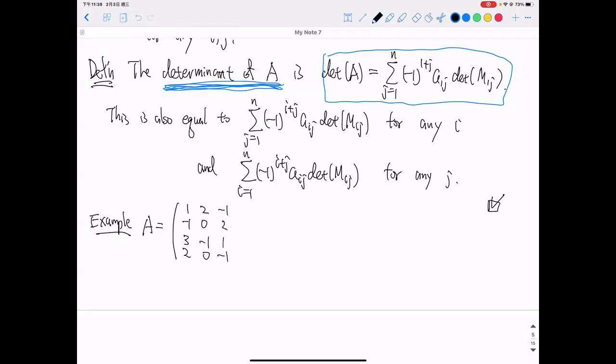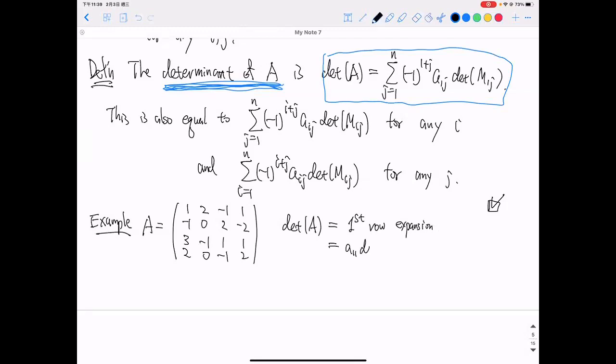Minus 1, 1, minus 2, 1, 2. And we can calculate the determinant by the first row expansion. Okay, and that is the following gadget. First of all, let's write out what we need.